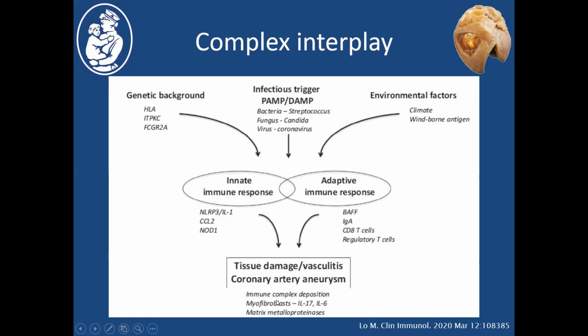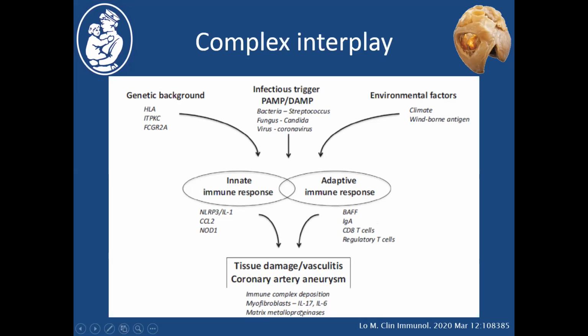This probably involves immune complex deposition, a myofibroblast response. Myofibroblasts are a type of smooth muscle derivative that are both secretory cells and proliferative cells. And we'll see that they play an important role in this in a little bit.